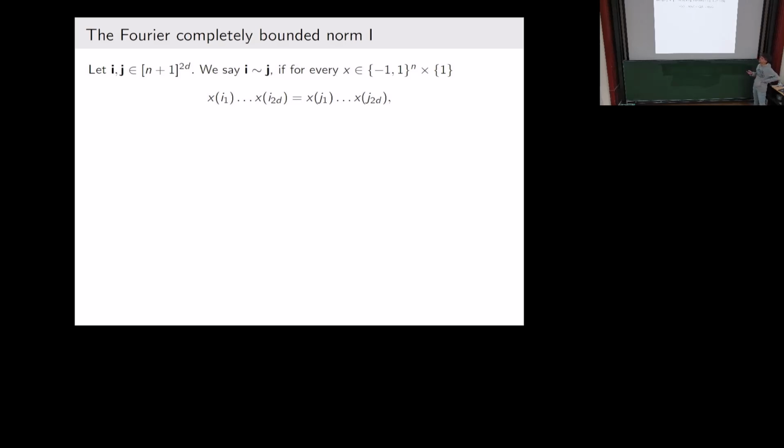So we are going to pick vectors of n plus 1 that take values in n plus 1 and have length 2D. And we're going to define an equivalence relation in this space of vectors.